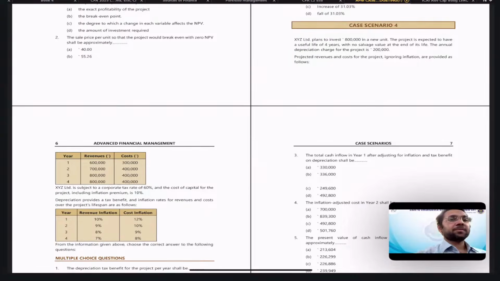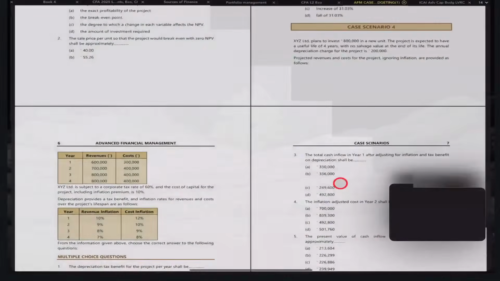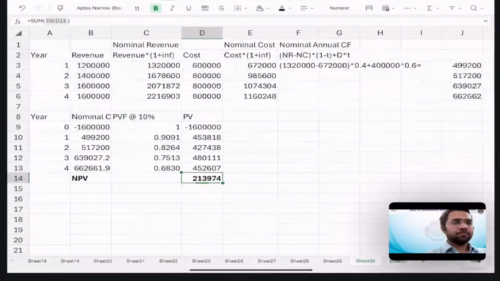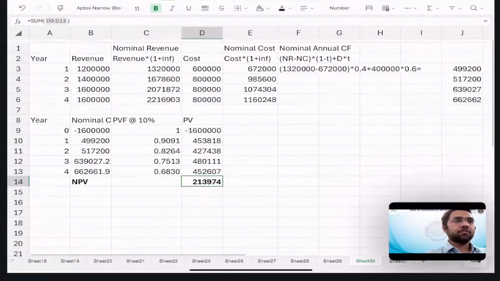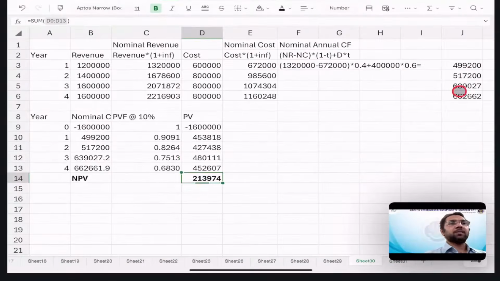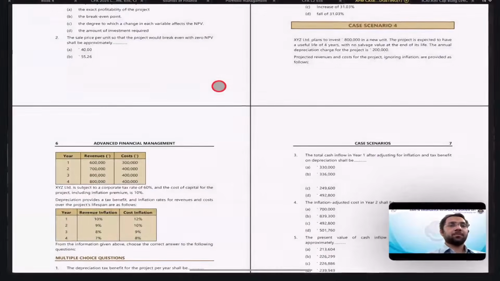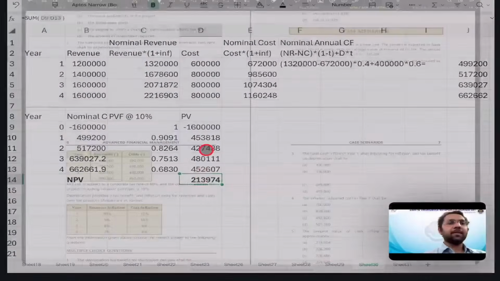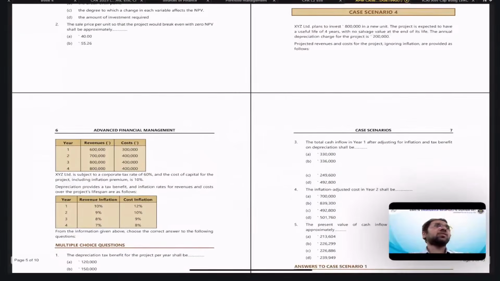Solve it fully, just like we did this one. We have to solve it fully, get the NPV, and then we can answer each of the questions separately and easily.